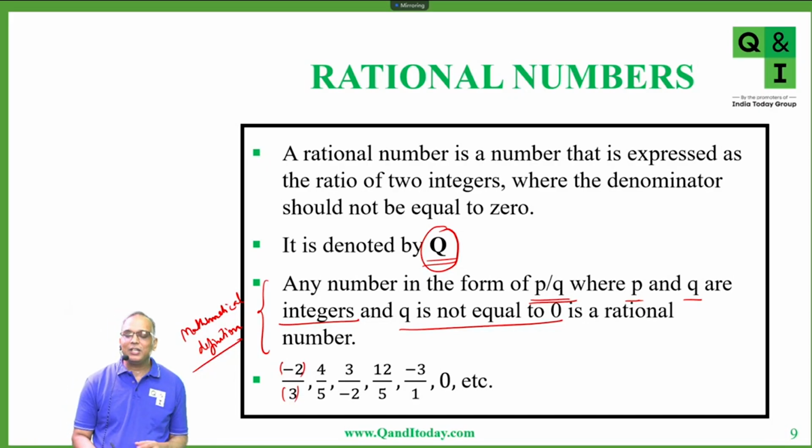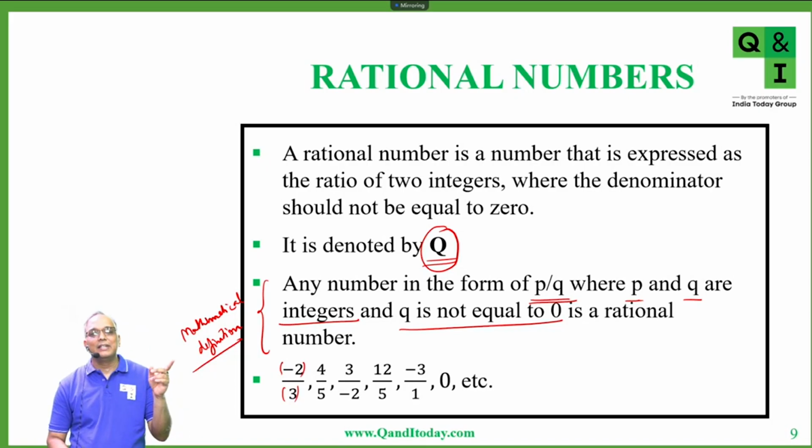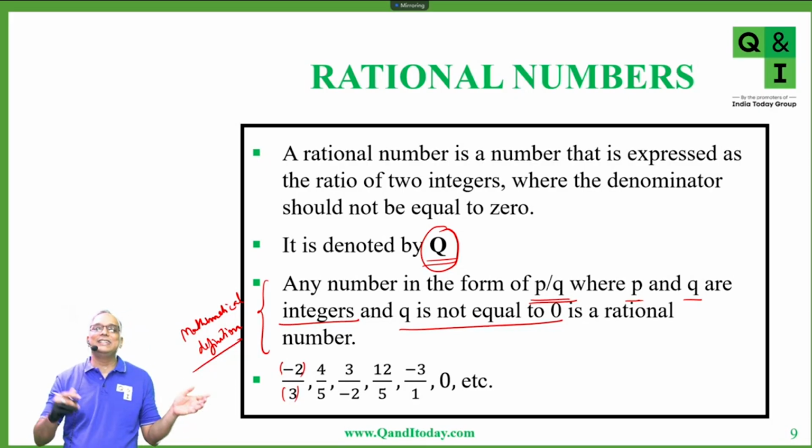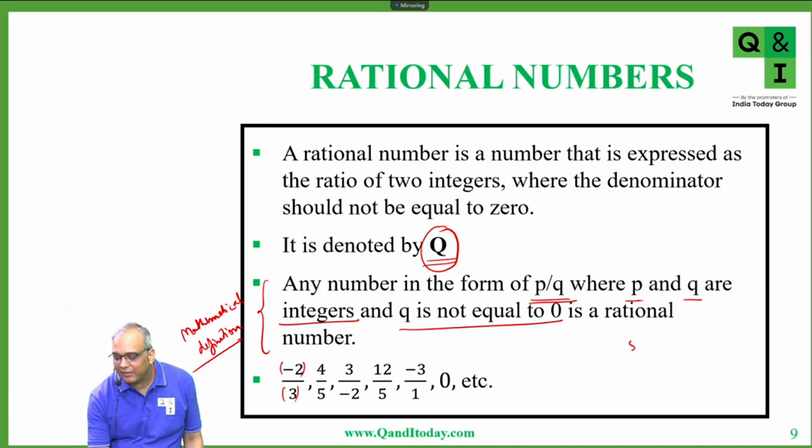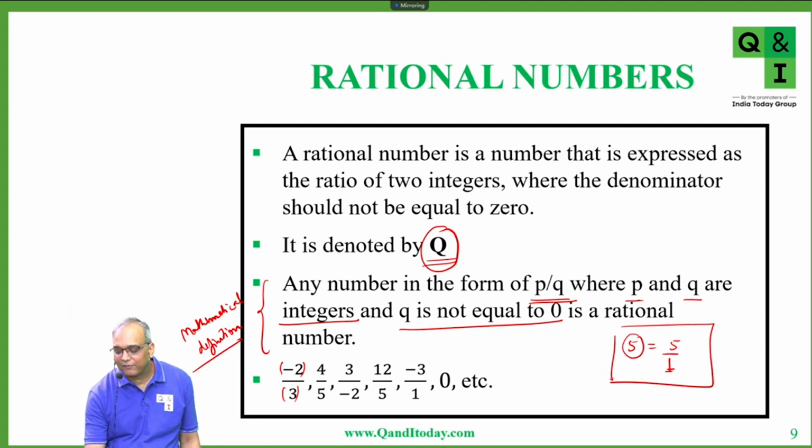These are all rational numbers. So all whole numbers, integers, natural numbers, these are all rational numbers. For example, any whole number 5 can be written in the form 5/1. So it can be written in the form p/q. That's why this whole number 5 is also a rational number.